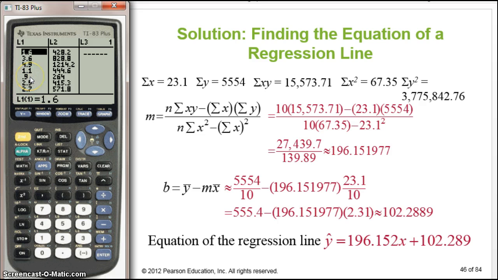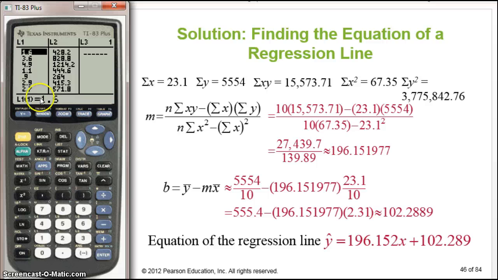But the value that you're using for x should be between the smallest value you put in and the largest value that you put in for x, okay? So it's okay to estimate carbon dioxide if GDP is 1.5 or 3, but it wouldn't make sense to estimate if GDP was 0.5 or 10, because those values fall outside of the range of x values that we plugged into our list.